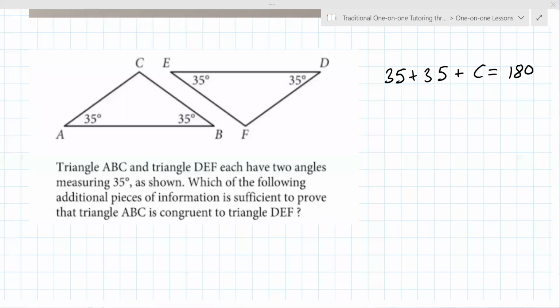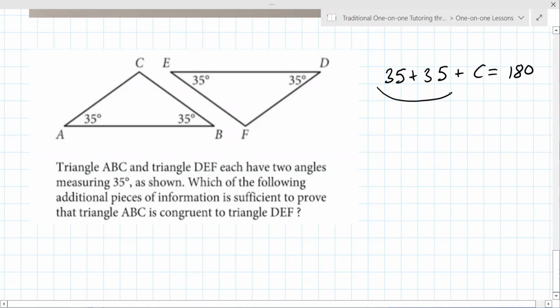145. Try again. You have to add up 35 and 35, Sourish. 70. 70 plus C equals 180.